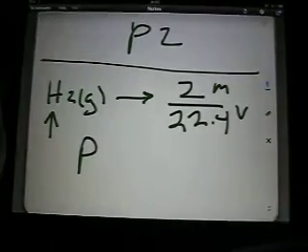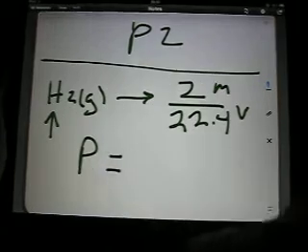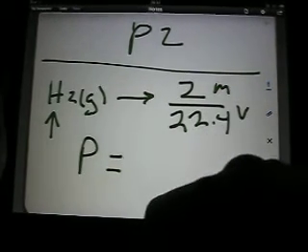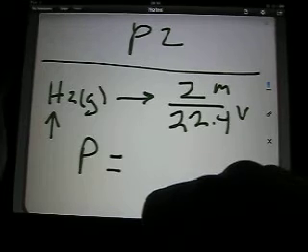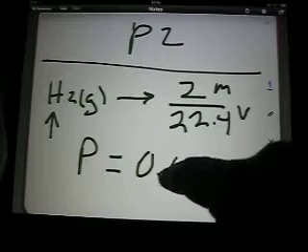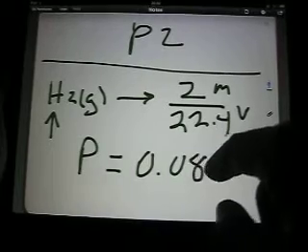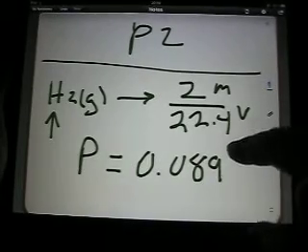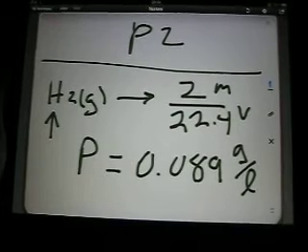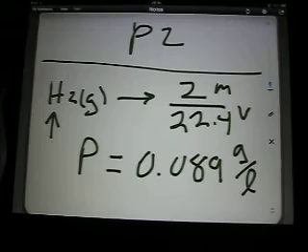So you whip your calculator out and you simply go 2 divided by 22.4, and rounding to just 3 significant digits, that should give us 0.089, and the unit is grams per liter. 0.089 grams per liter.